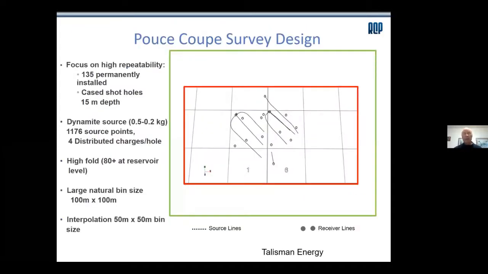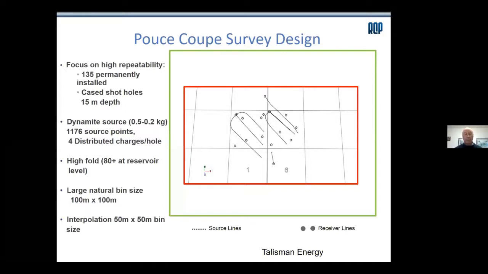And so this is the survey design. Again, there are a number of horizontal wells, but we were mainly targeting 2 that were being completed during the course of our survey. We installed 135 permanently installed seismometers in cased holes, and it was just PVC casing.